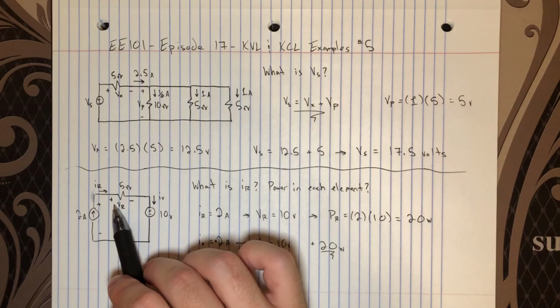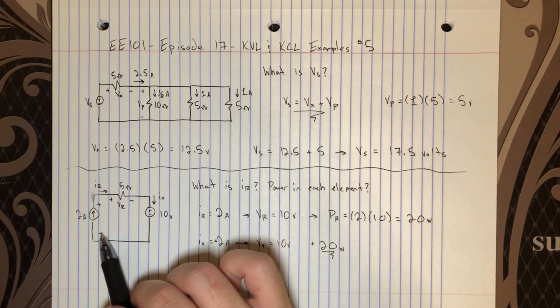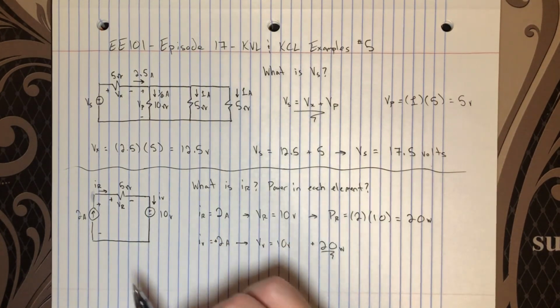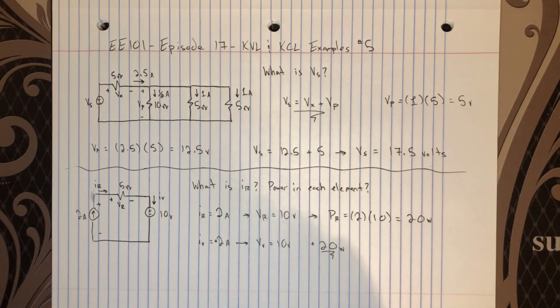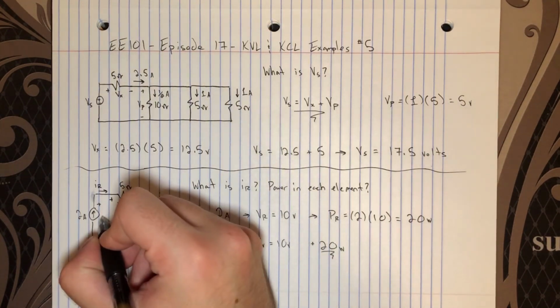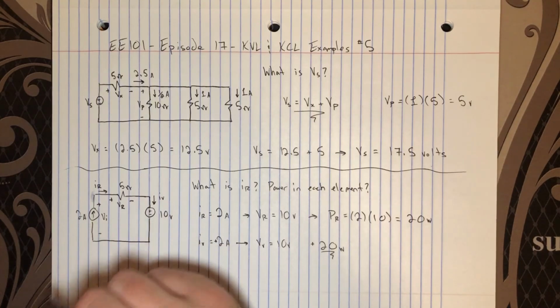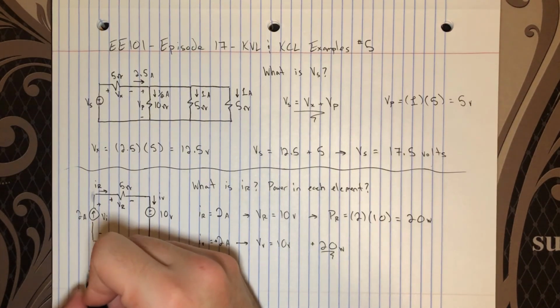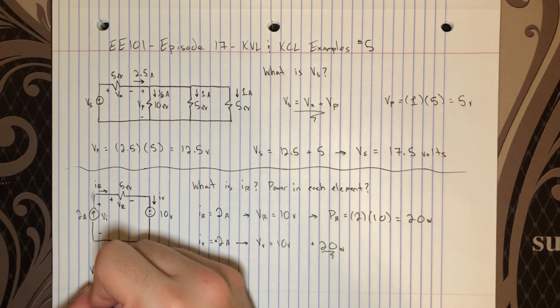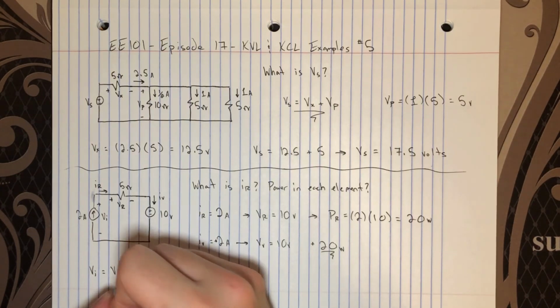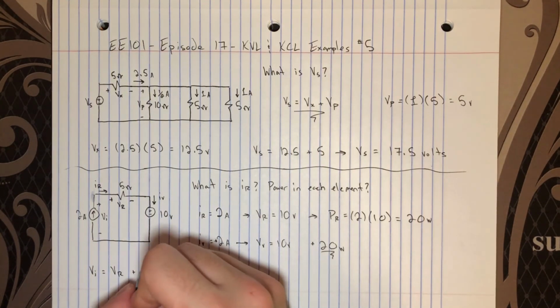So there's a step down of VR and then 10 volts and a step up of some voltage across here. And we can work this out because I'm going to call this VI, the voltage across the current source. With KVL, I can say that VI therefore equals VR plus 10.